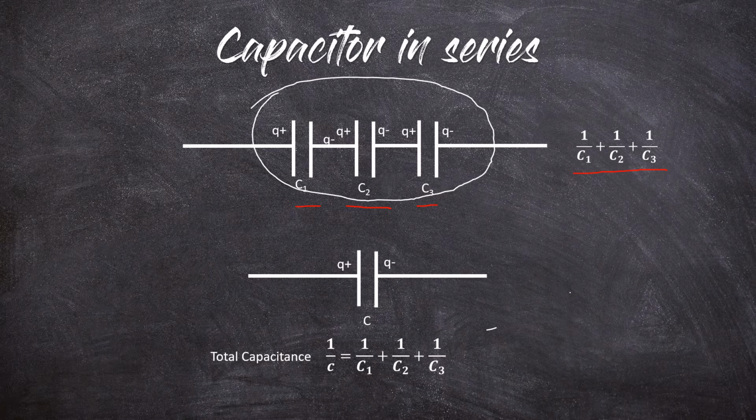Here you can see the total capacitance. Total capacitance means 1 by c equals 1 by c1 plus 1 by c2 plus 1 by c3.